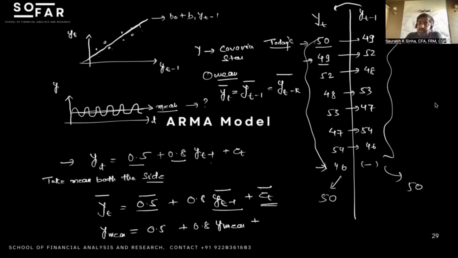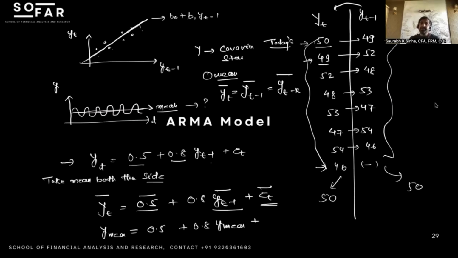And what is the mean of the error term? What process does the error term follow in the ARMA model?